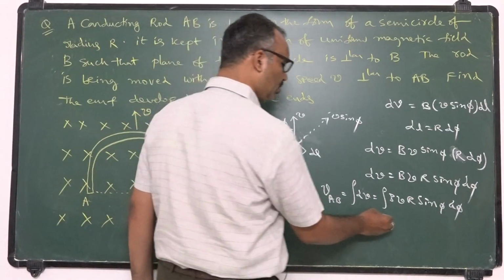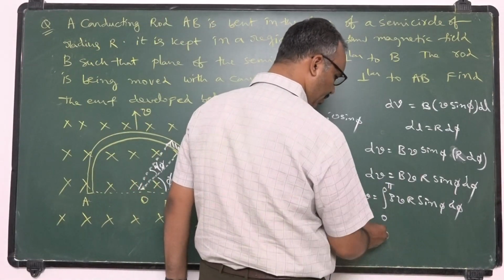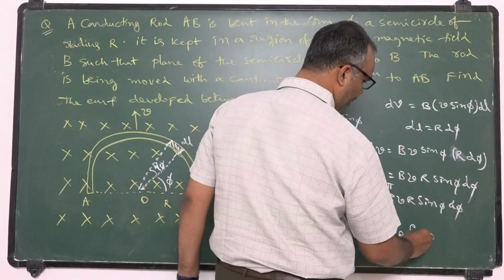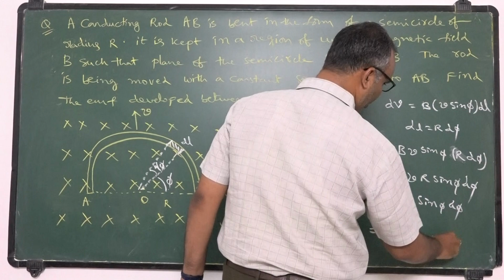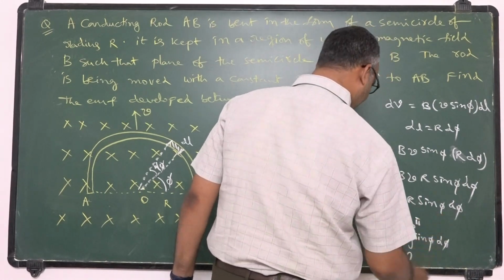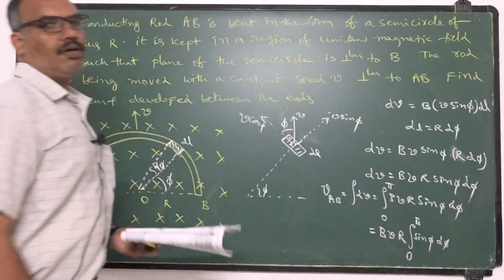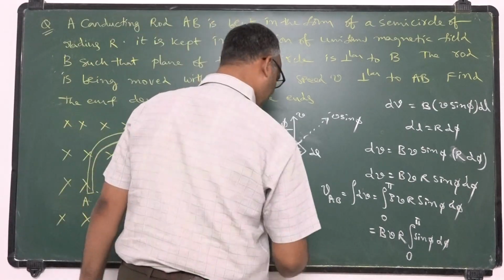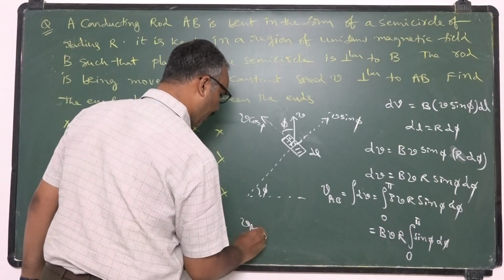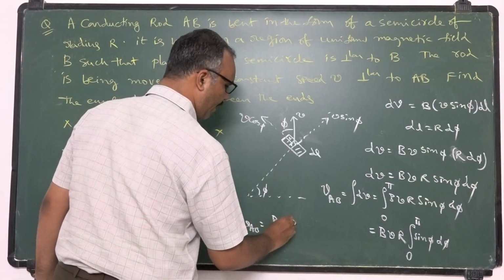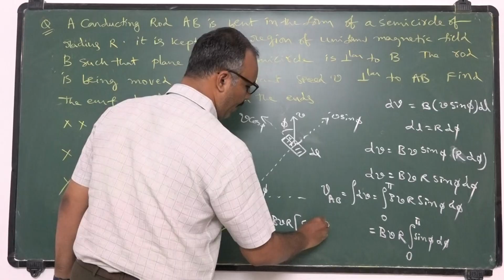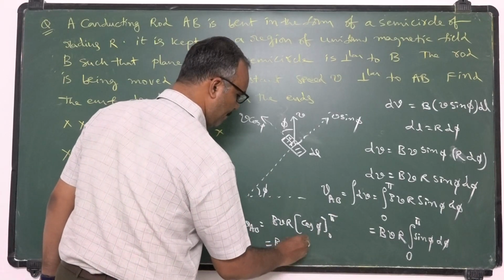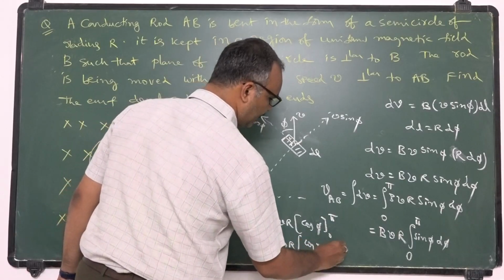So phi varies from 0 to 180, that is pi. B, v, r are constant, so the integral of sin phi d phi from 0 to pi. The integral of sin phi is minus cos phi. Substituting the limits, you will get V_AB is given by B v r (cos pi minus cos 0).